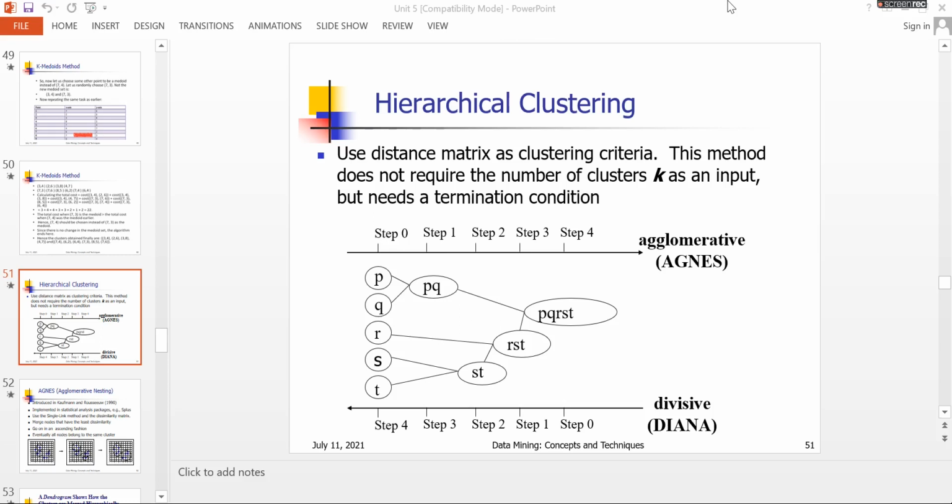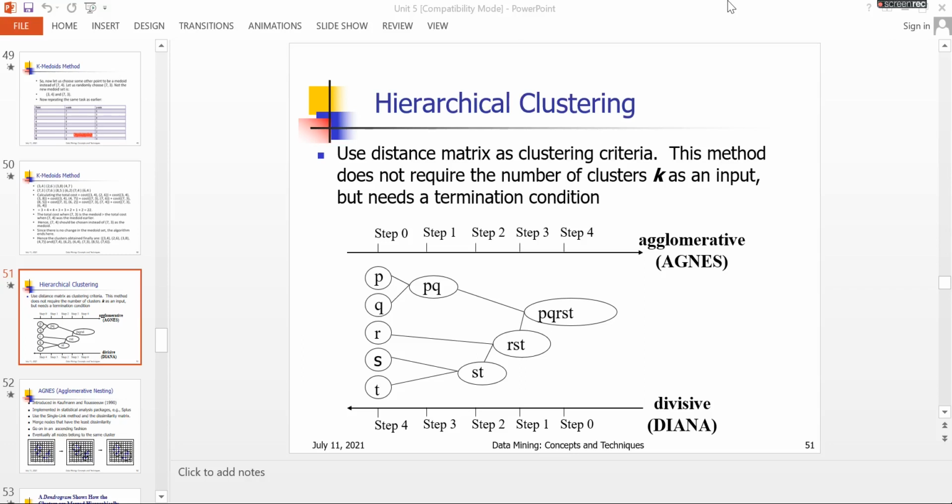The complete data set is there. That data set is divided into different groups, different clusters. Again, that group is divided into different clusters, and again those clusters are divided further. Like that, it has to repeat a number of times, until each and every element is a cluster.